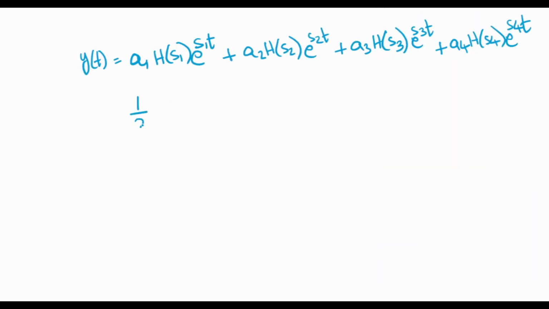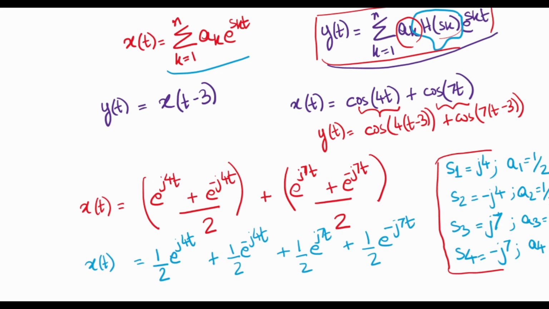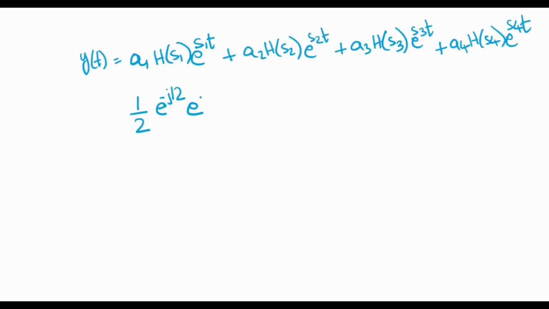So half, H of s1 is e to the power minus j12, times s1 is equal to j4, so e to the power j4t, plus half e to the power plus j12 times e to the power minus j4t. a3 is also half.